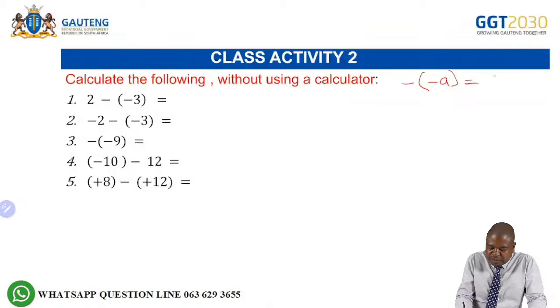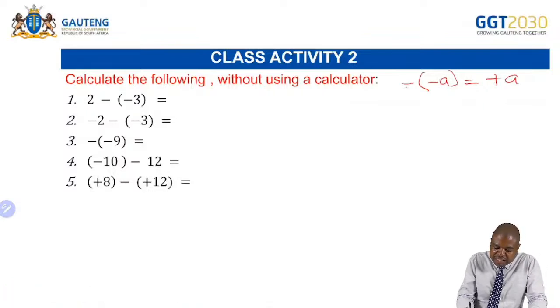So we are going to get positive a, right? We say this negative sign reverses the sign if we were using number lines. So in this case, we do have -3. So the opposite of -3 is what?